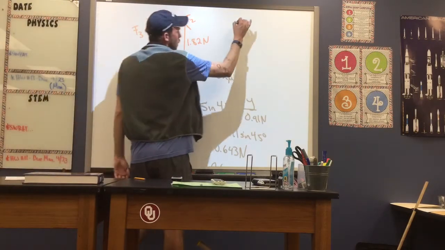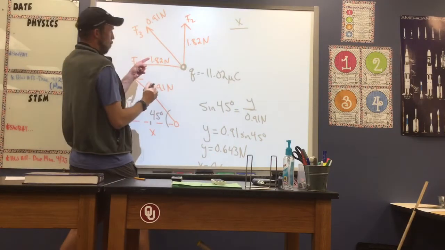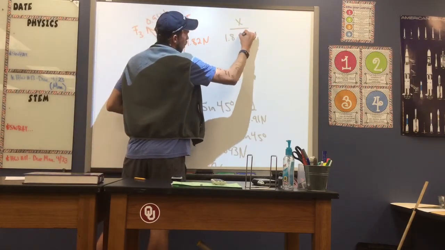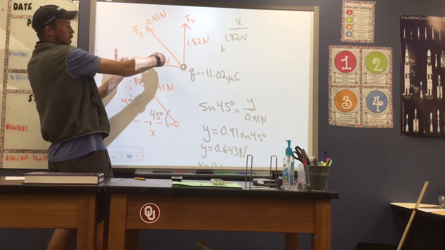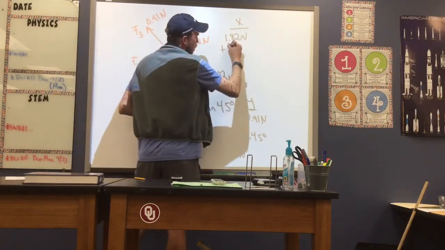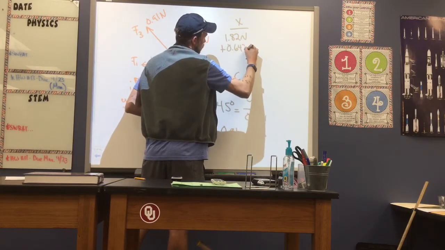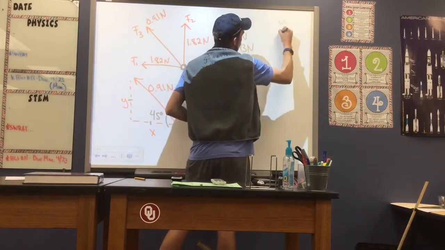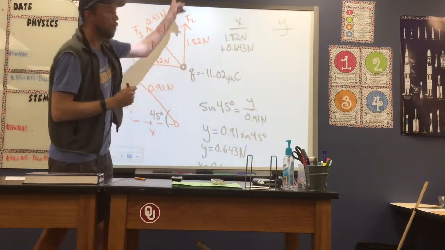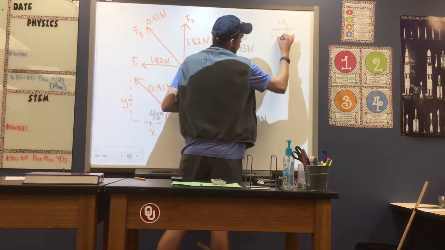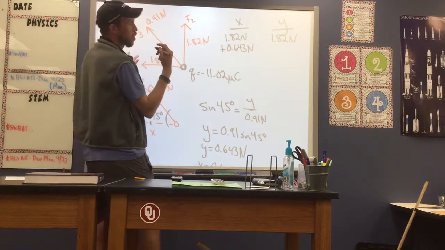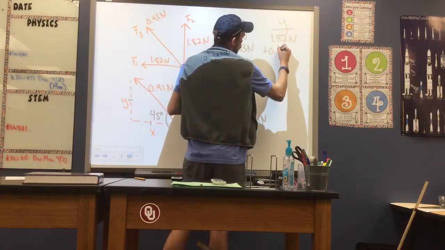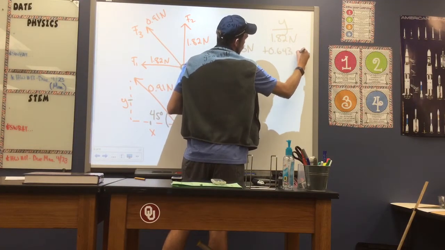Okay? So in the x direction, we have 1.82 newtons. And since F3 is also kind of partially to the left, 0.643 newtons. And in the y direction, we actually have the same thing, right? 1.82 newtons up, what we call positive. And F3 is also partially up, 0.643 newtons.